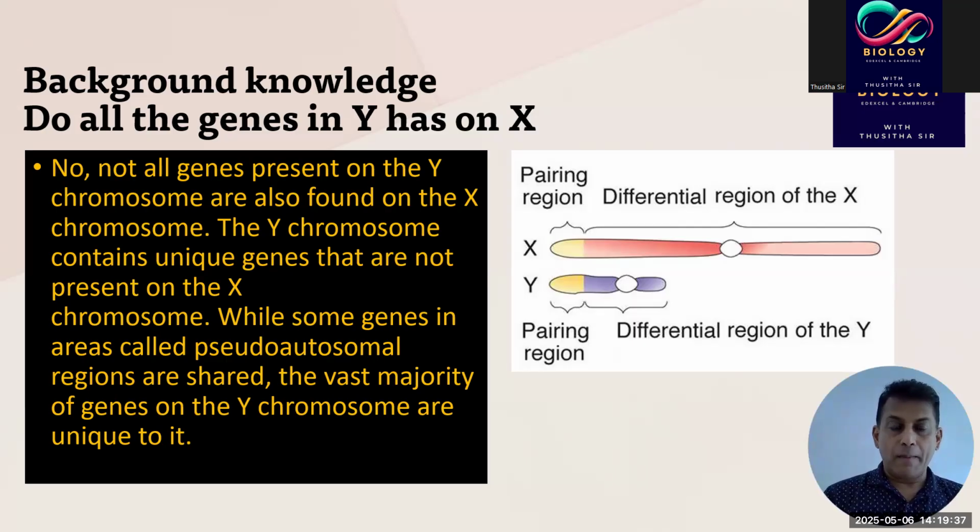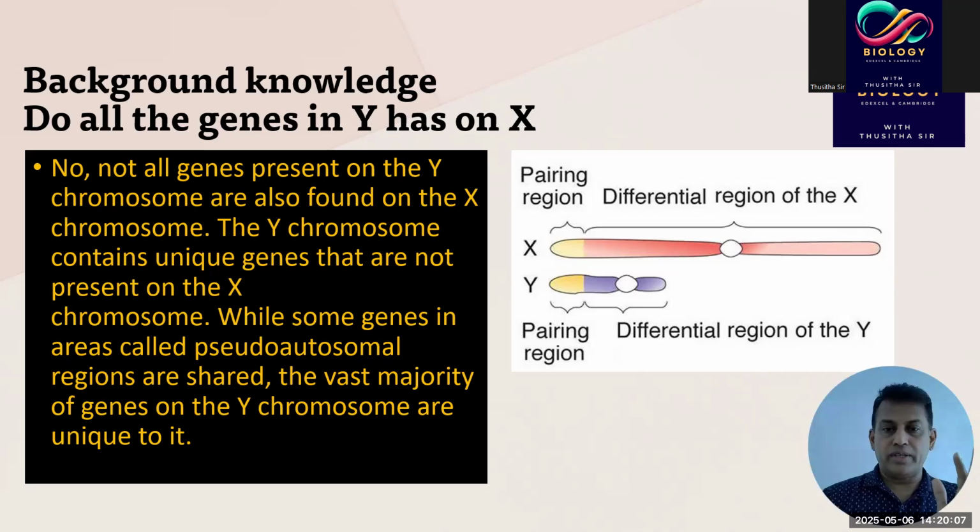Do all the genes in Y have a counterpart on X? For example, when you take homologous chromosomes, the gene on one chromosome is also found in the other chromosome, but in different versions. For example, the eye color gene is on this chromosome and also on this chromosome. These are homologous chromosomes, but there could be different versions.